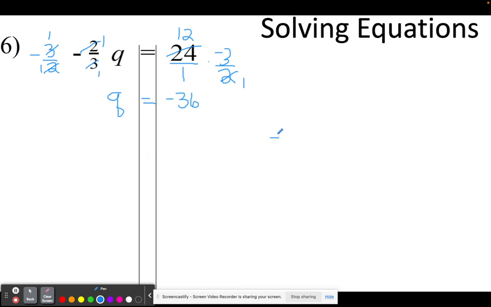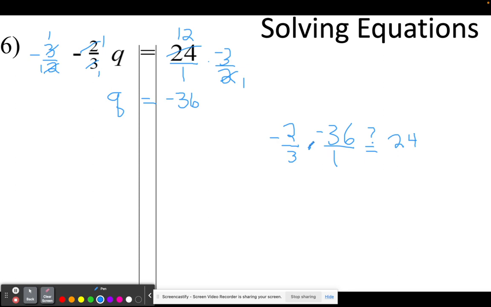Let's check this one. Is negative 2/3 times, we're saying q is negative 36, equal to 24? Does this equal 24? Sometimes I put this question mark here to say we're asking this, is it? We don't know. So let's simplify first.